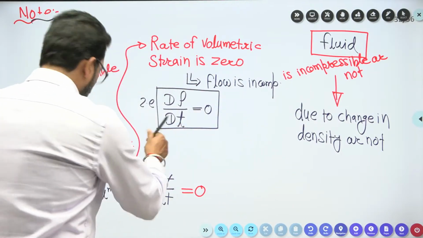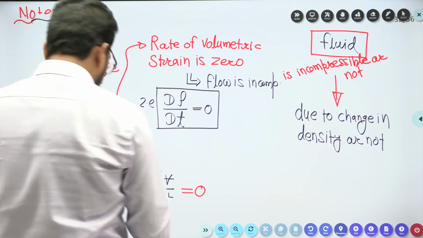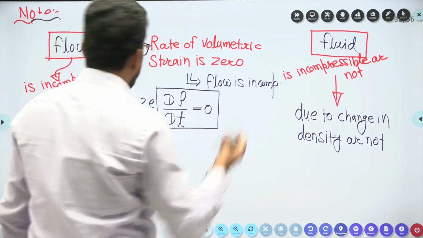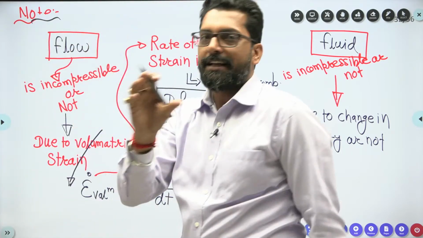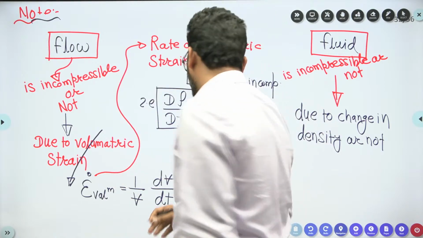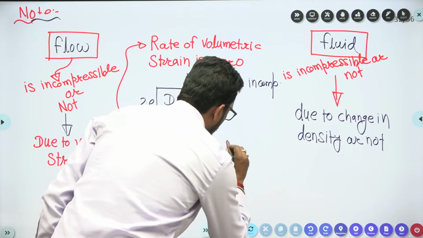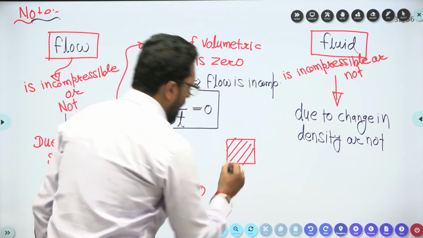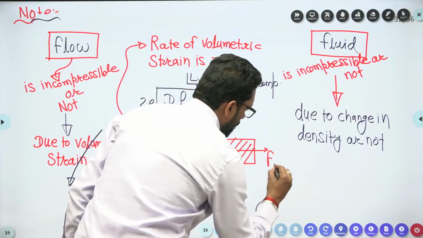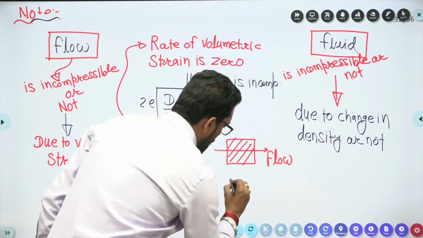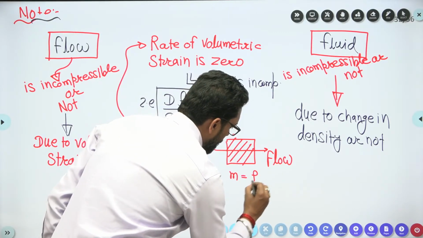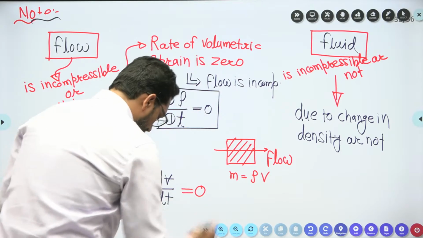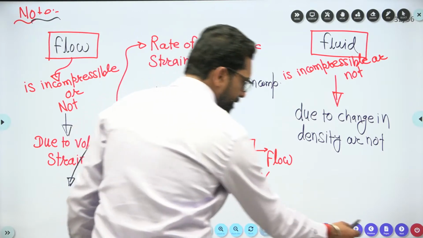How do we write D rho by Dt? This is a material derivative. Okay, no problem at all. Now see, if there is a flow of the fluid and we take an element, and this element is flowing incompressibly or compressibly, we don't know. So what is the mass? Density into volume.